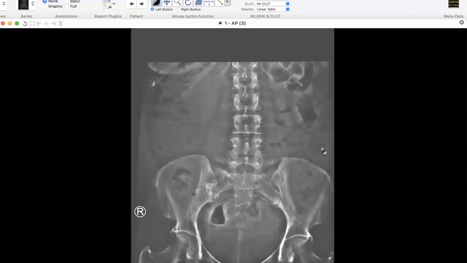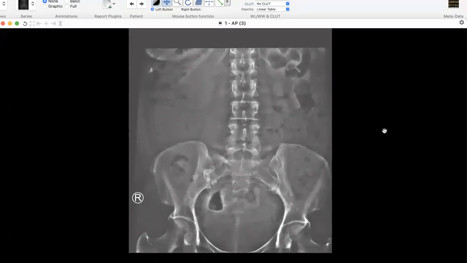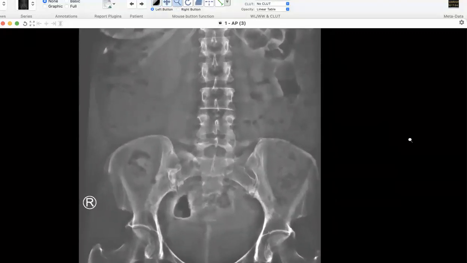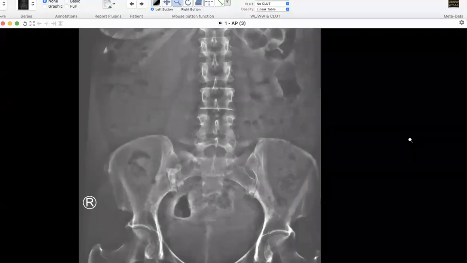Sir, the immediate abnormality that I can appreciate in this X-ray of the abdomen is a well-defined pear-shaped, low density fat density lesion in the right hemipelvis, which is well circumscribed and demarcated.